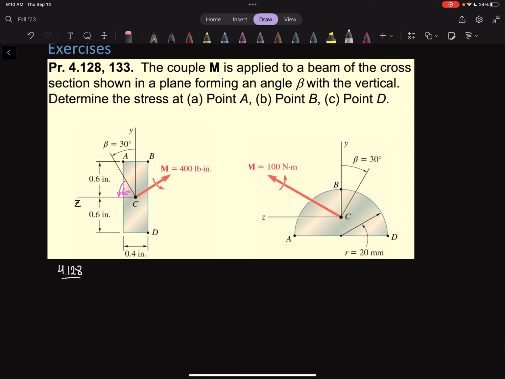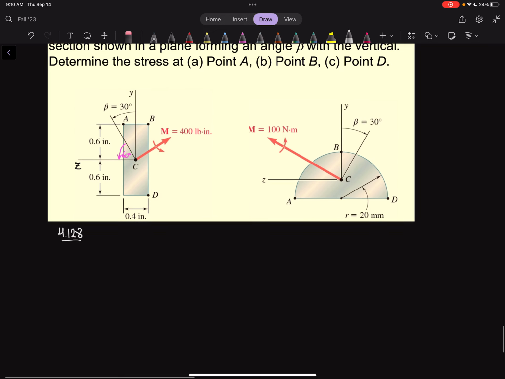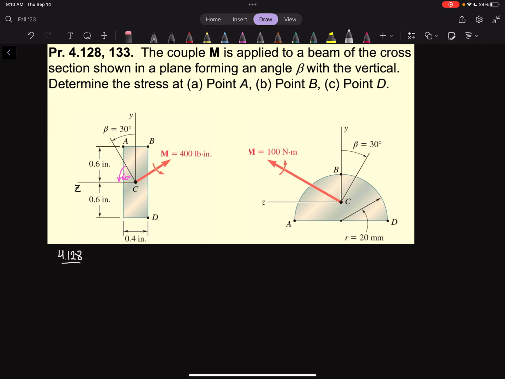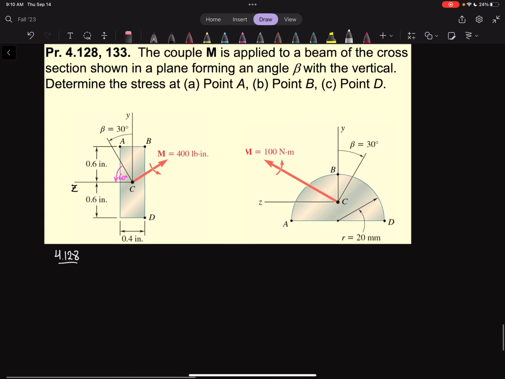4.128. Now, this is a moment that is not along the principal centroidal axis, so we'll have to decompose it into these two moments. What do we know? Well, this is 60 degrees, this is 30 degrees.